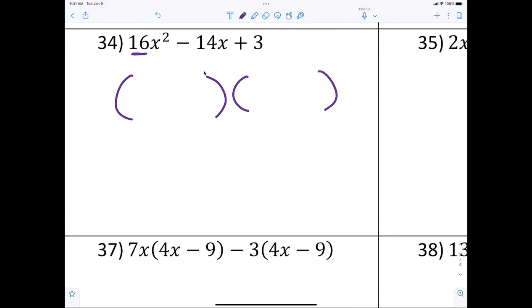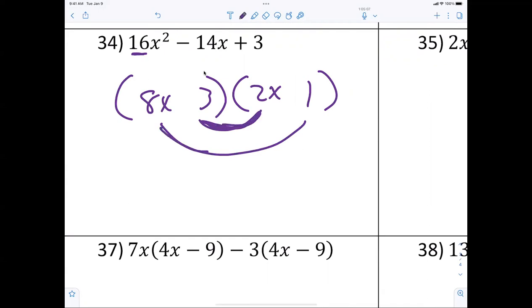We got it? 8x and 2x, confidently. A 3 to the left and a 1 to the right. Let's see if he's correct. 8 and 6x. 8 and 6 is 14 if they're both positive, or one positive, one negative. Is that right, Ryan? Or are they both negative? I think they're both negative, right? Because negative 6x and negative 8x gives me the negative 14x. Is everybody good? Yes, great.